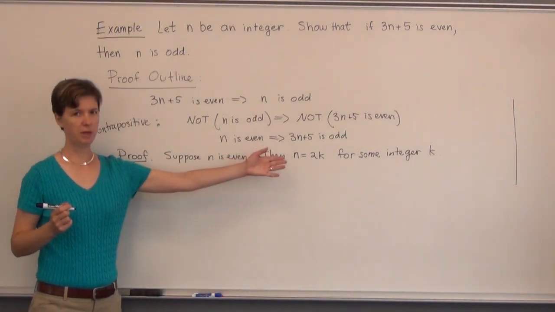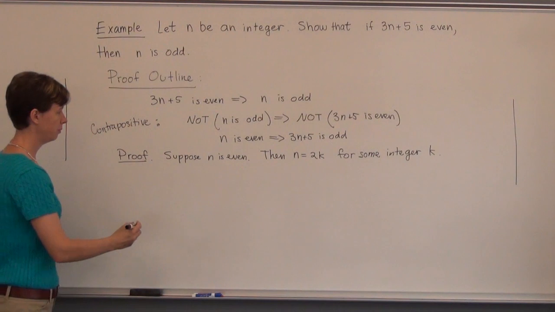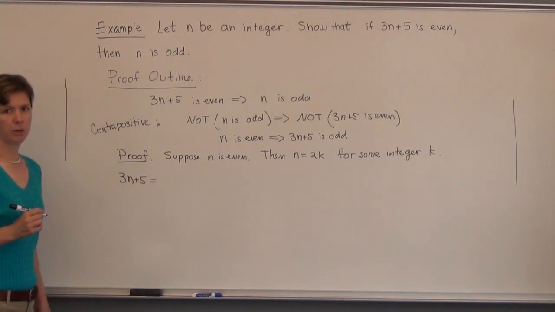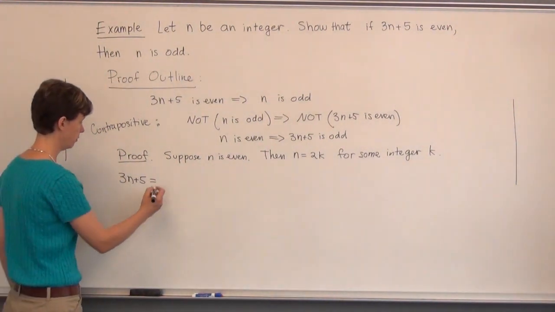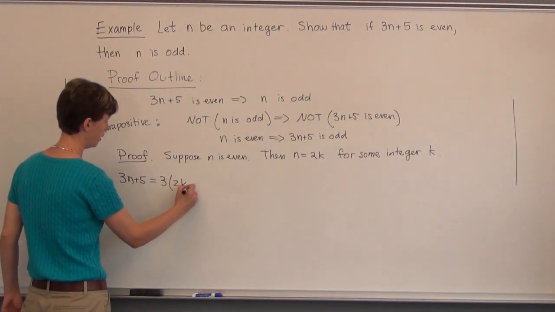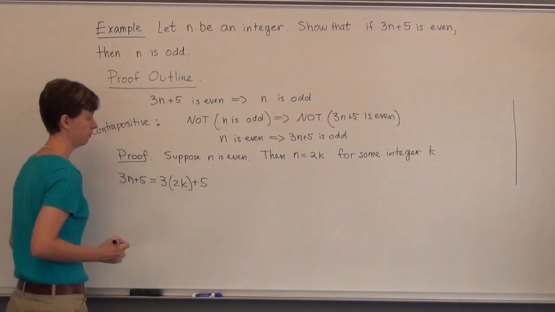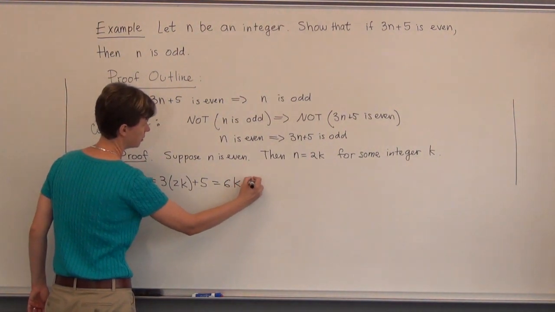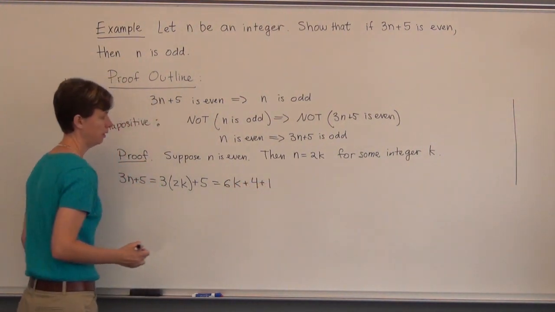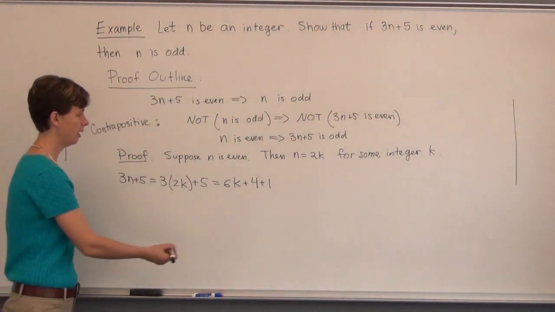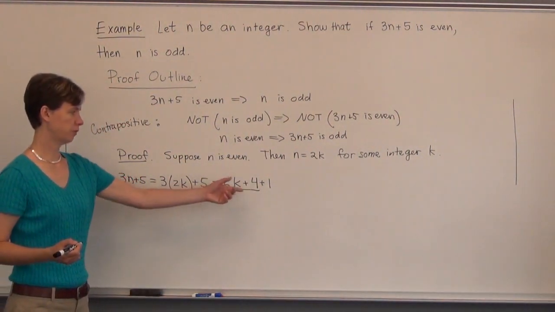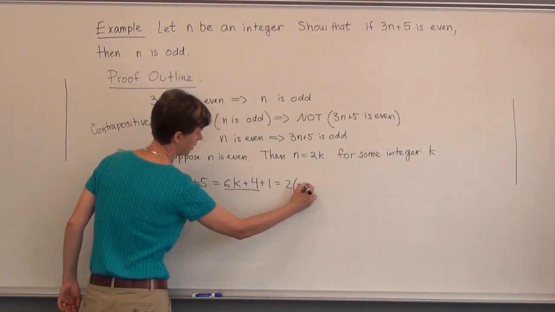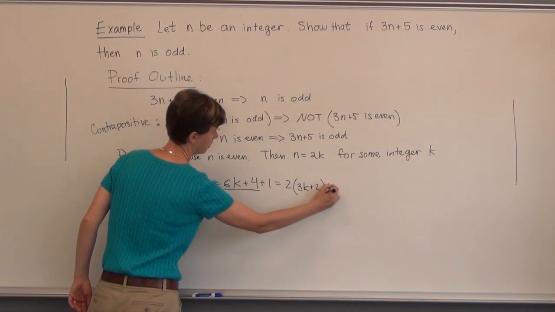Well, now that we know what n is, let's go ahead and look at 3n plus 5. 3n plus 5 is equal to 3 times 2k plus 5, which gives us 6k plus 4 plus 1. And now we'll take these two and factor 2 out. And this gives us 2 times 3k plus 2, plus 1.